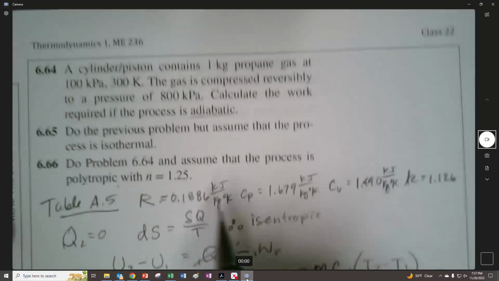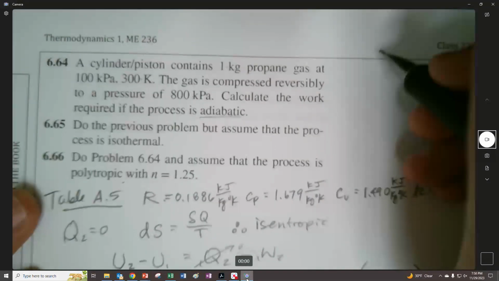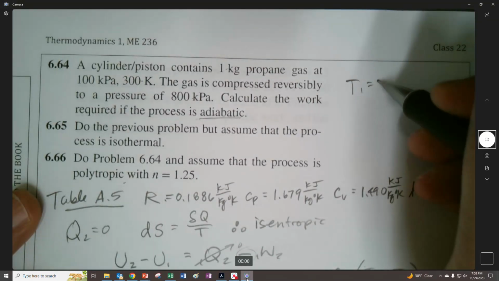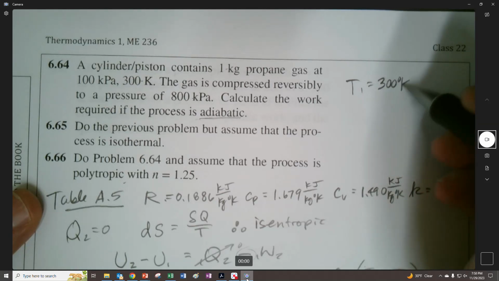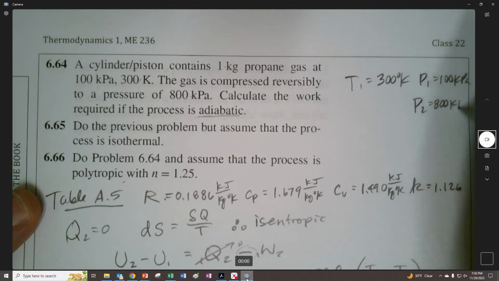Let me write down what we know: T1 is 300 degrees Kelvin, P1 is 100 kilopascals, and P2 is 800 kilopascals.